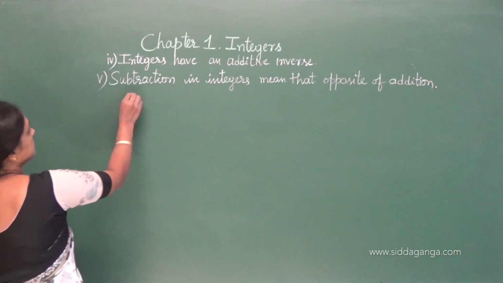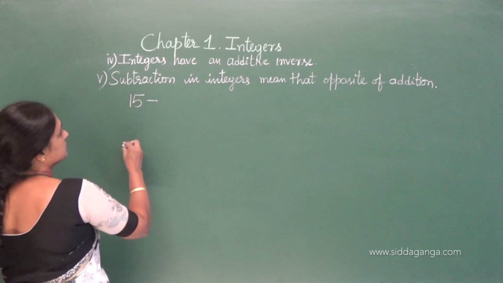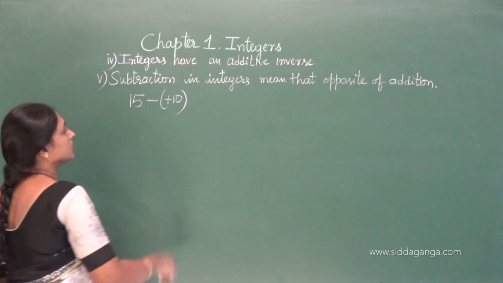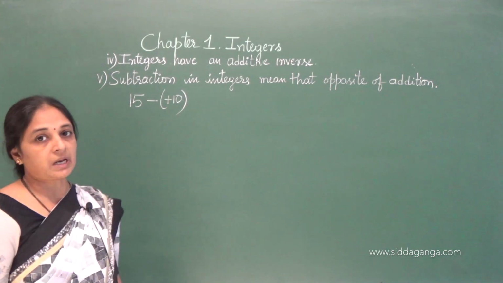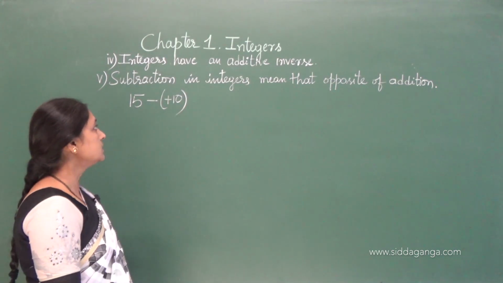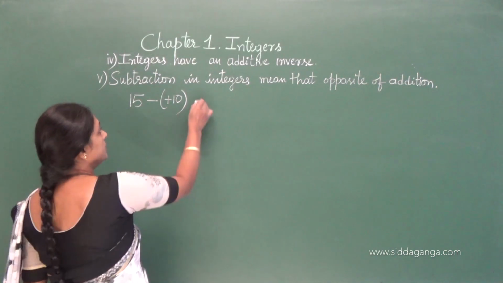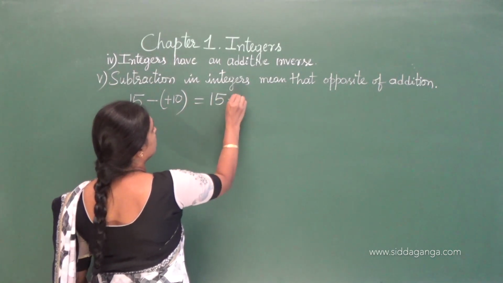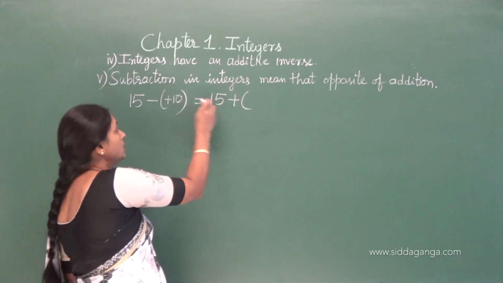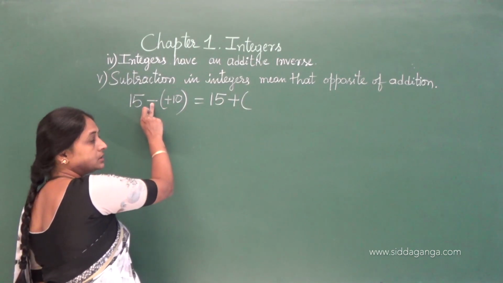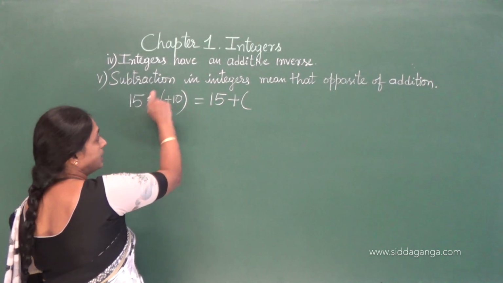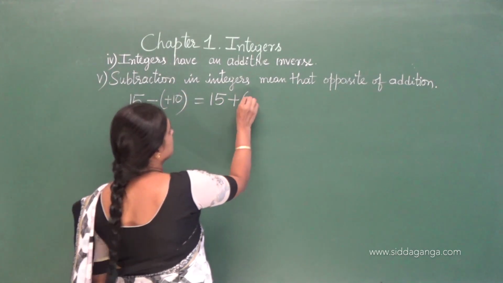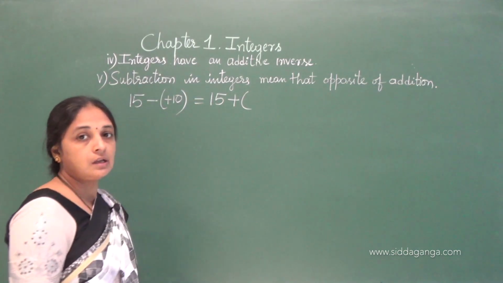Okay, let's take 15 minus of plus 10. So it is subtraction, 15 minus plus 10. Here we can write it like this: 15 plus of, since the operation is subtraction, we convert it into addition with the additive inverse of the given number.